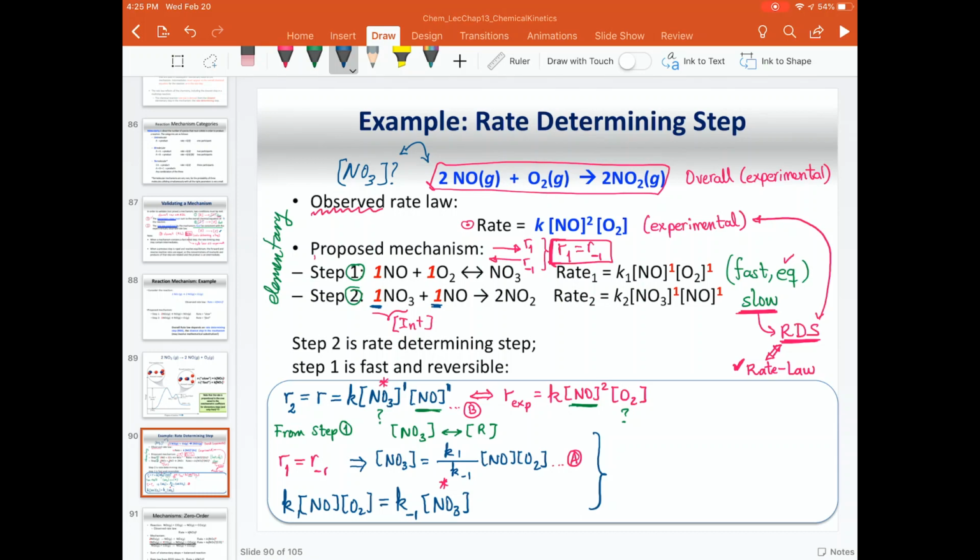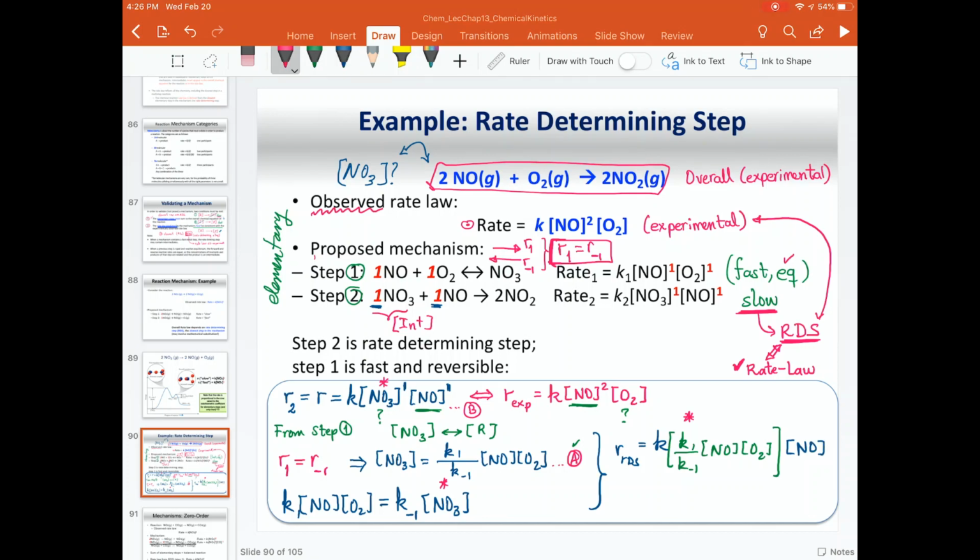According to this, the rate of the rate determining step is going to be equal to k times the concentration of the intermediate, but that intermediate is actually all this expression here. So now what we do is k1 divided by k minus 1, concentration of NO, concentration of O2, times the concentration of NO according to the expression that we got previously.